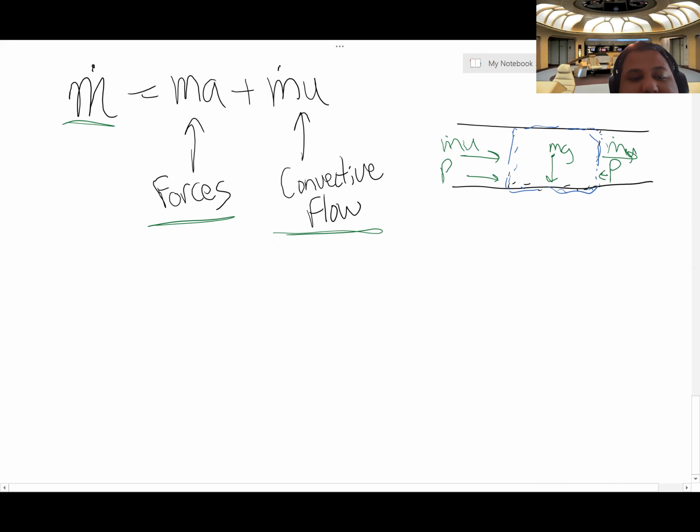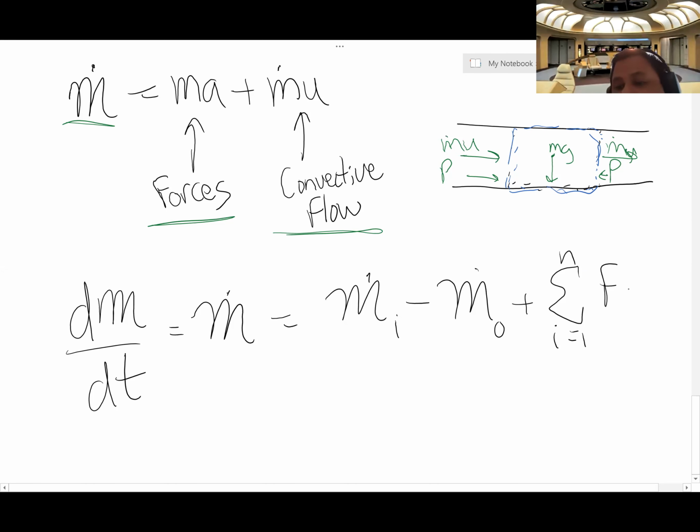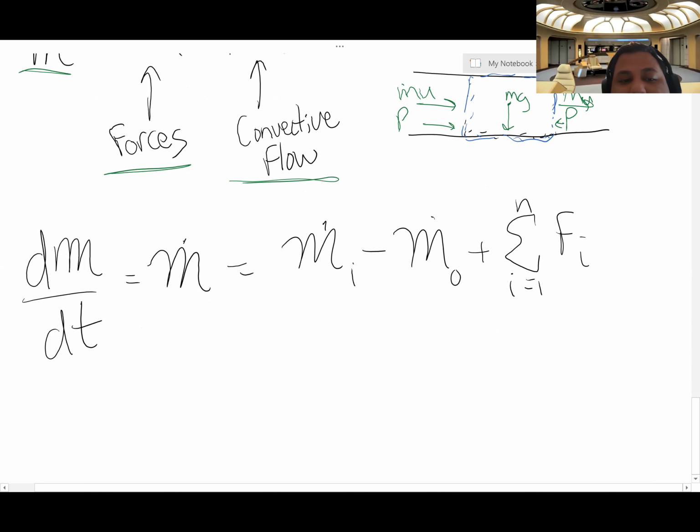And so what this means is if I look at momentum with respect to time, I've already designated as M dot. And so I can look at M in minus M out plus the sum of i equals 1 to n of any forces involved within my system.